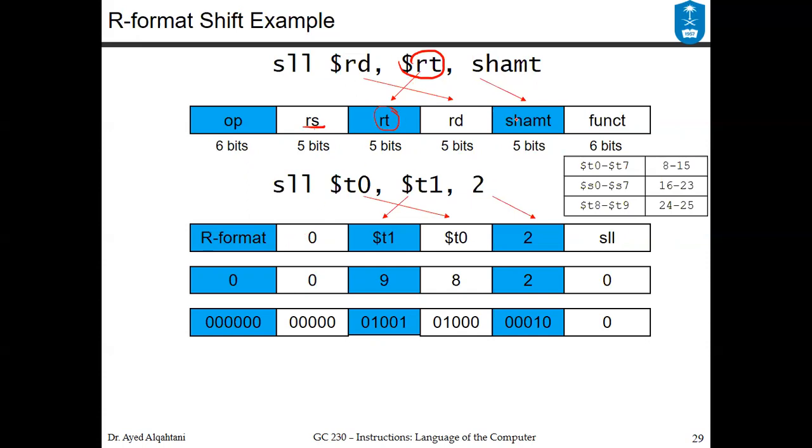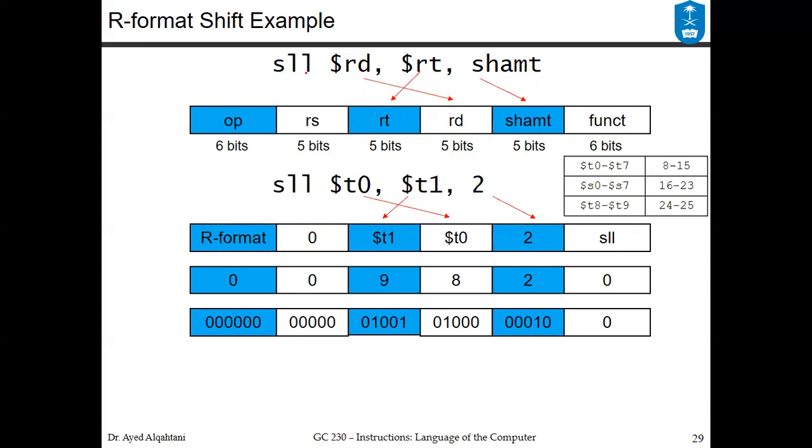And the shift amount is going to be, for this example, 2. And we have the destination. After you do the shift by the amount, you put the result in RD. Similar thing, the RD is in the opposite position inside the machine code. The RD is going this way and the RT is going this way.